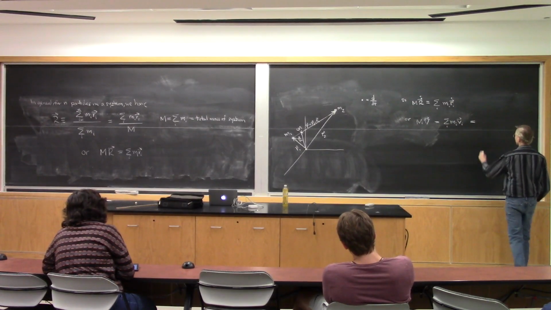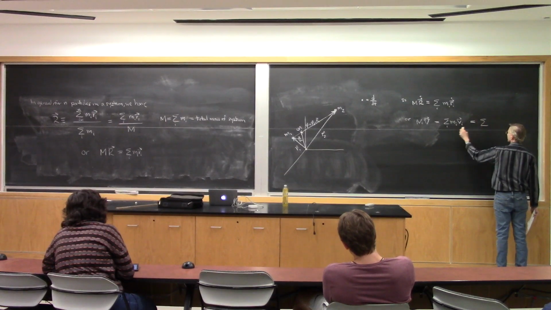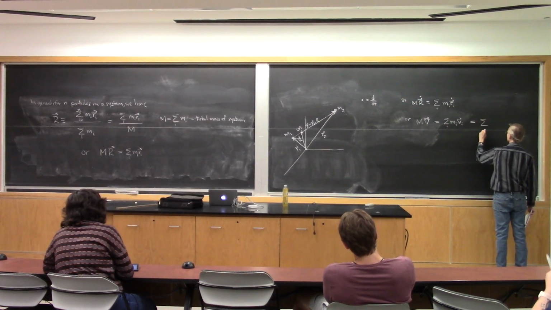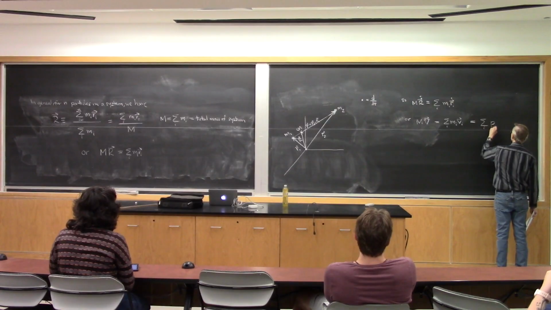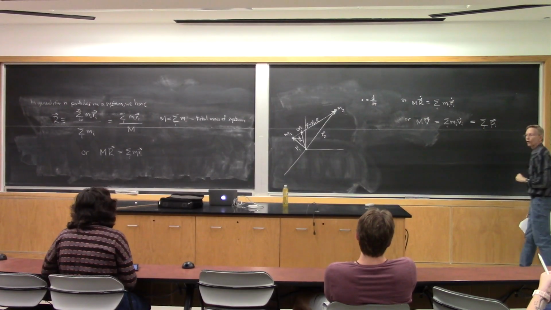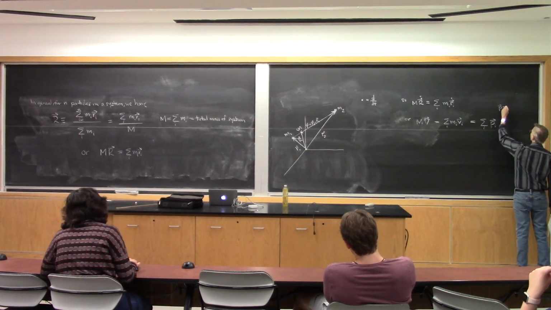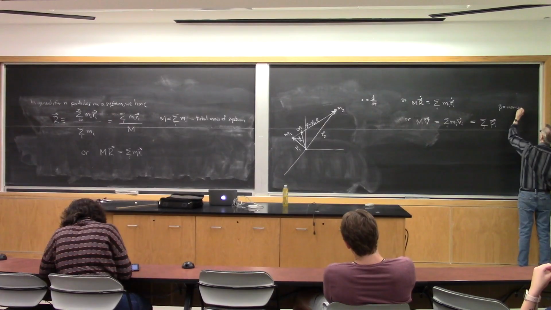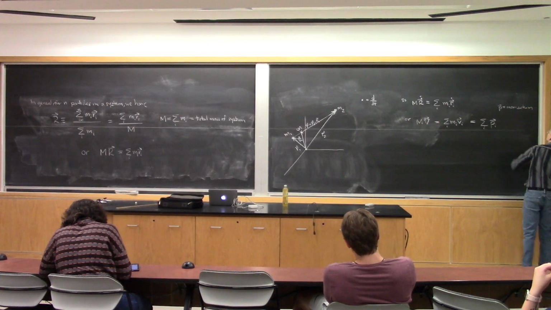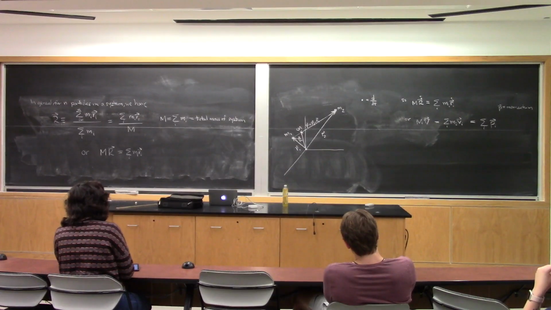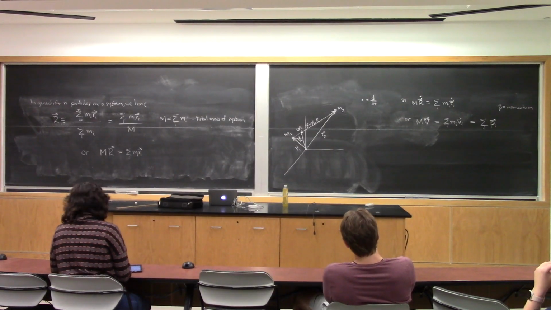Or in other words, the total mass times the velocity of the center of mass is the sum of the momenta of all the particles. So add up all the momenta of all the particles.